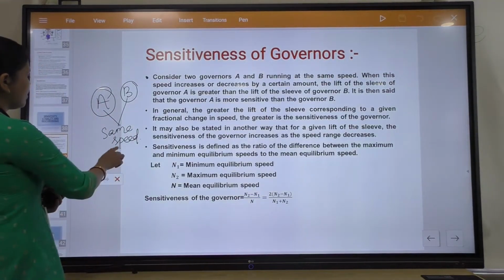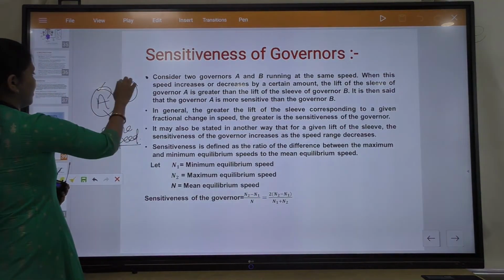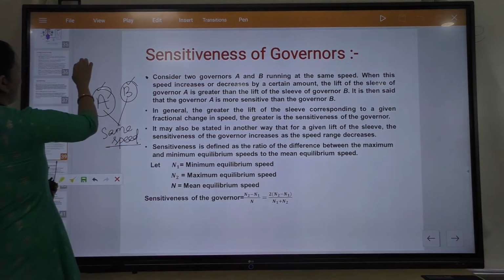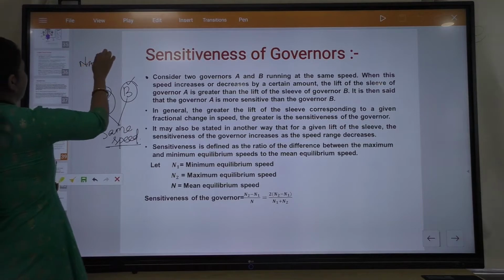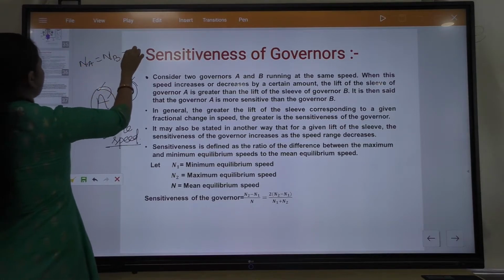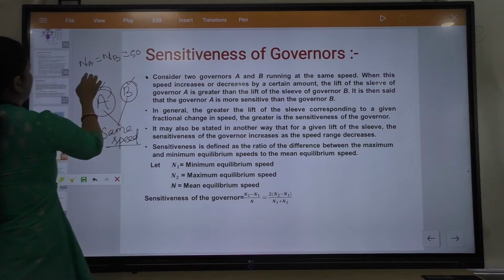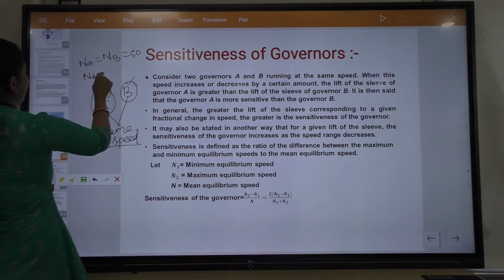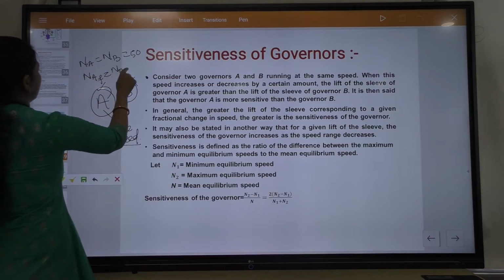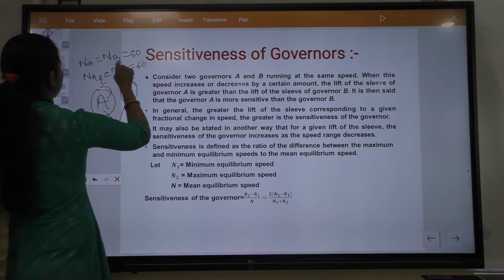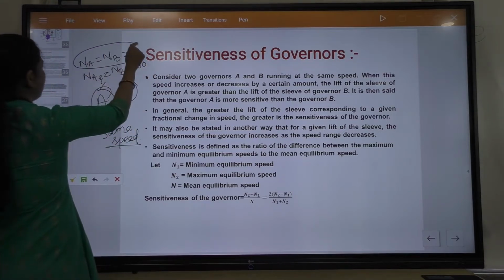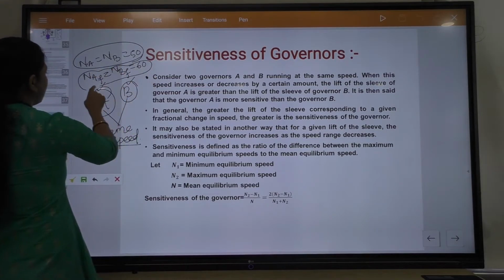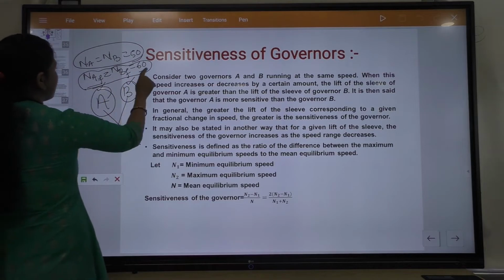Suppose we increase or decrease the speed of governor A and B by a certain amount. Let the speed of governor A and B initially be 50 rpm, and suppose the final speed is 60 rpm. So, initially A and B have speed 50 rpm and after some time when we change the speed, the final speed is 60 rpm.